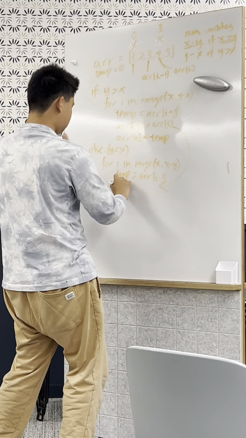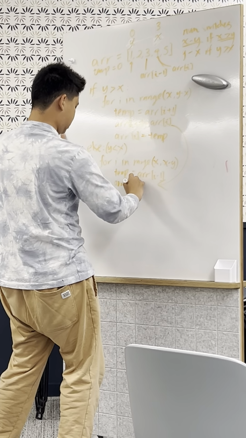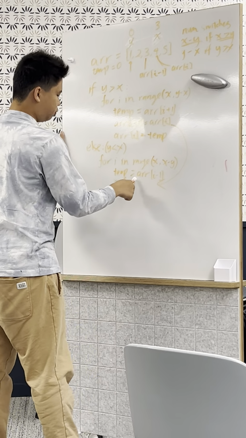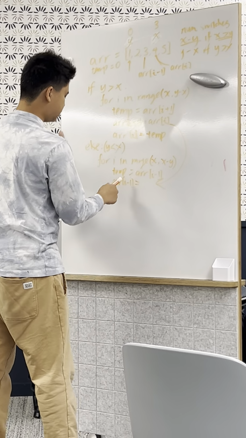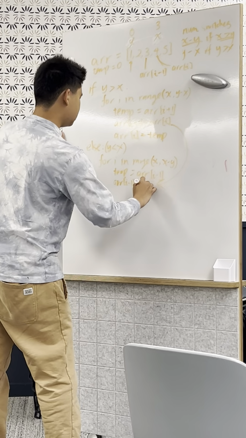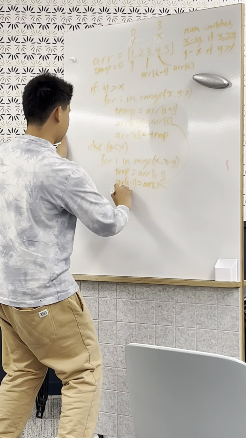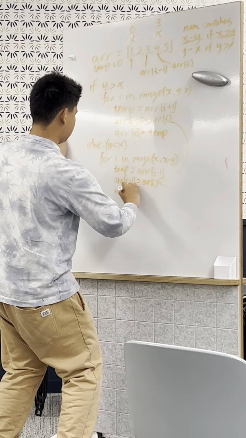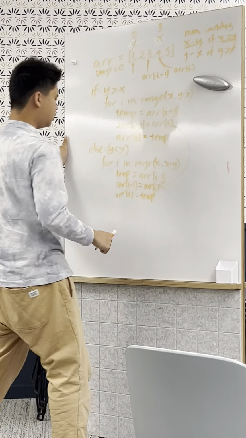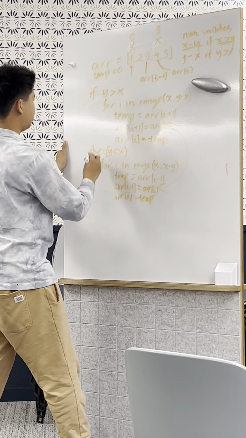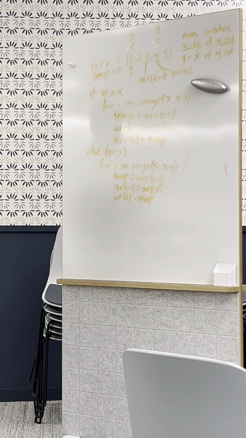Next, you would do array of i minus 1, because remember, we stored array i minus 1 in temp. Now we can replace it, because it's safe now, because we have temp. So array of i equals temp. And now we can just return array right here. So now it's in sorted order, I guess.